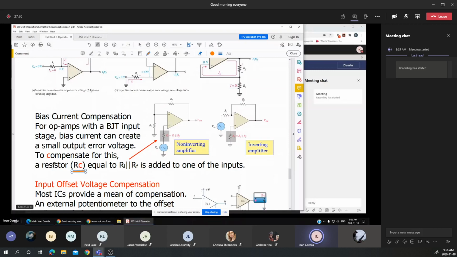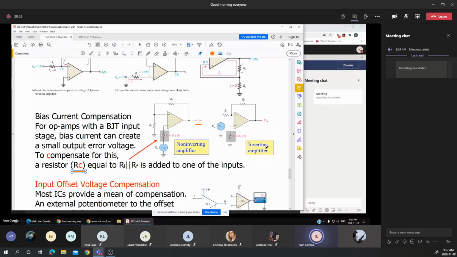You notice that the compensating resistor RC has the value of RI in parallel with RF. If we compensate the two resistances, RI parallel with RF, we can end up with a zero output voltage if the two inputs are connected to the ground.